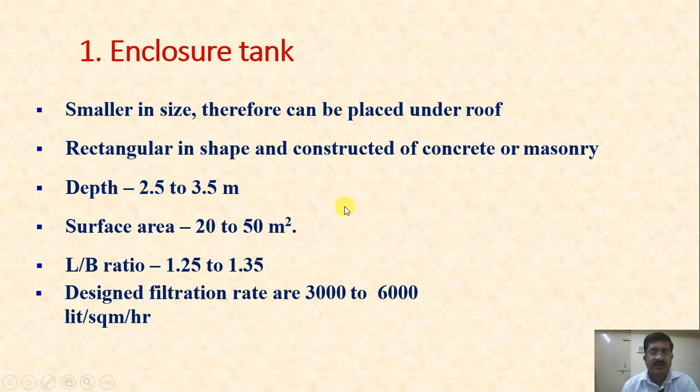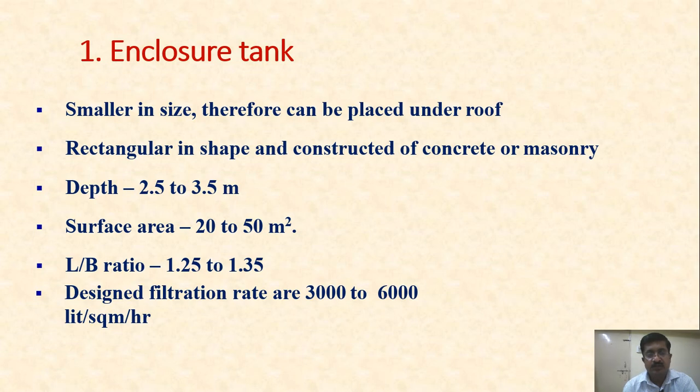The enclosure tank, as it is smaller in size, can therefore be placed under a roof and covered. It is rectangular in shape and constructed in concrete or masonry, so these materials can be used for the construction. Depth of the tank is generally 2.5 to 3.5 meter.